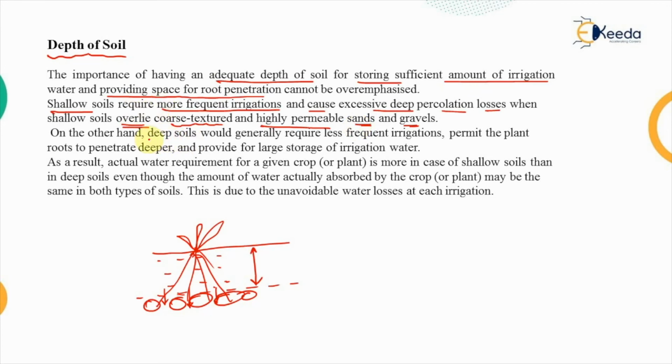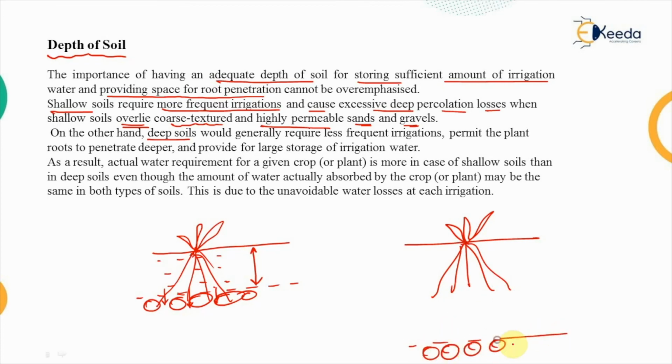On the other hand, if deep soils are present, with the same type of crop having the same depth of root zone, but this is the soil depth available, that means we require this much only, and we have this depth available with us.